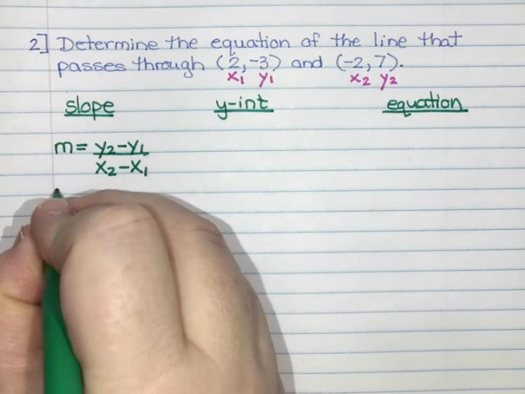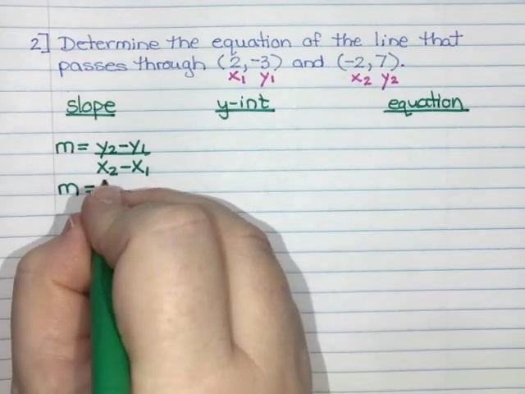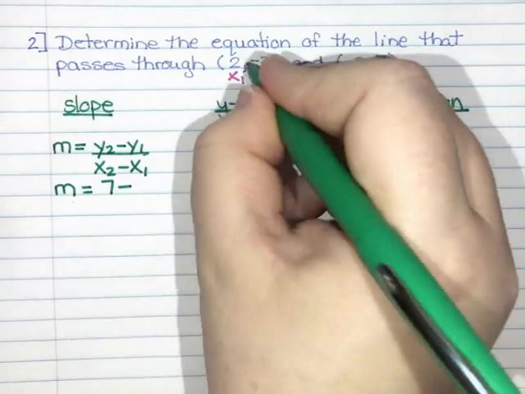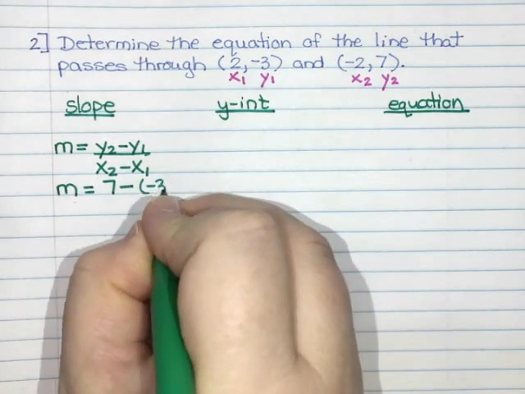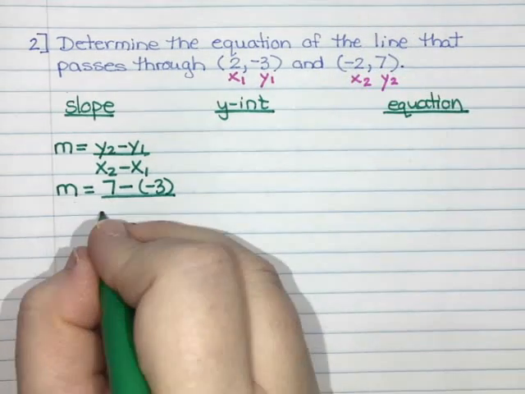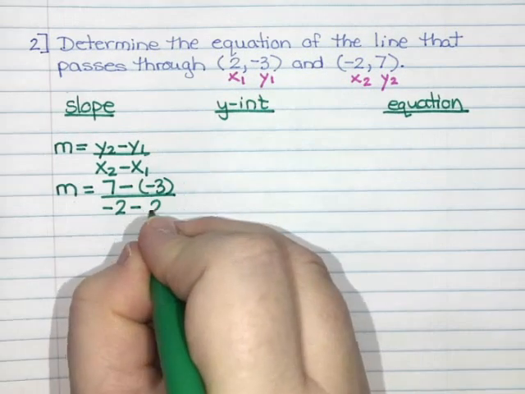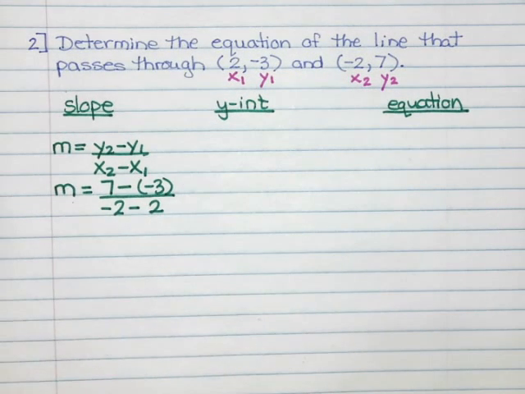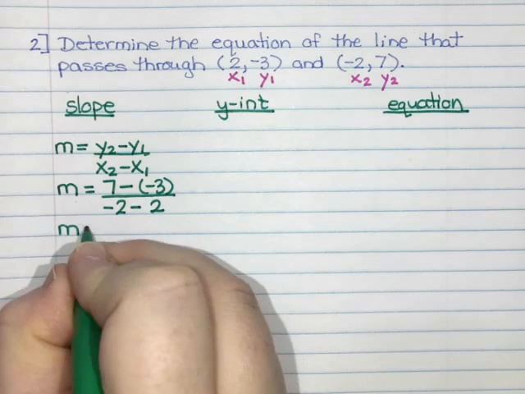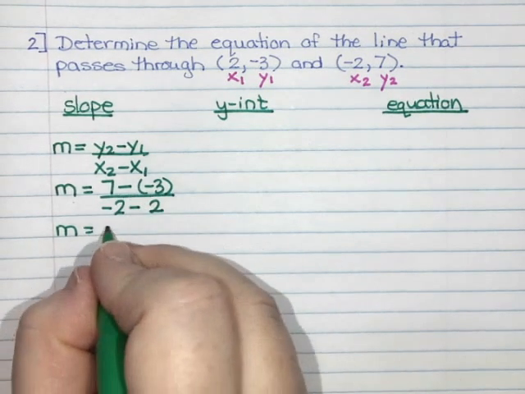Okay, so I'm going to substitute my numbers in. y2 is 7, take away y1, that's -3. And then I have x2, that's -2, take away x1, which is 2. Okay, 7 minus -3. Two minus signs in a row make a plus.